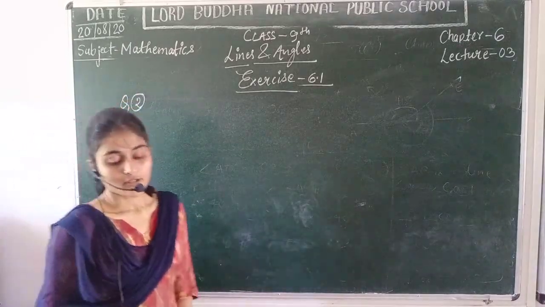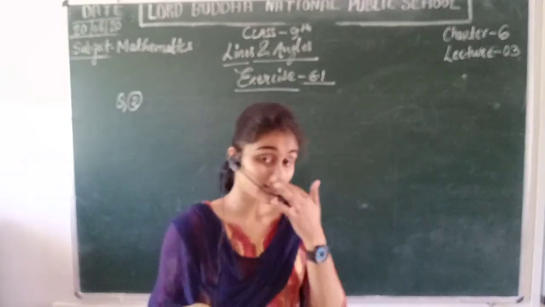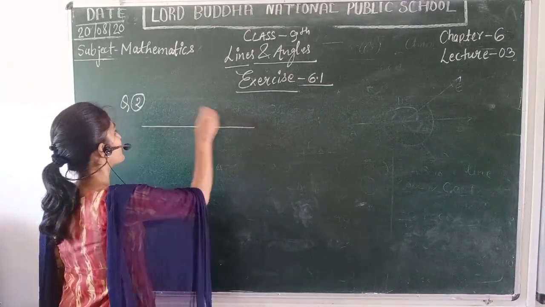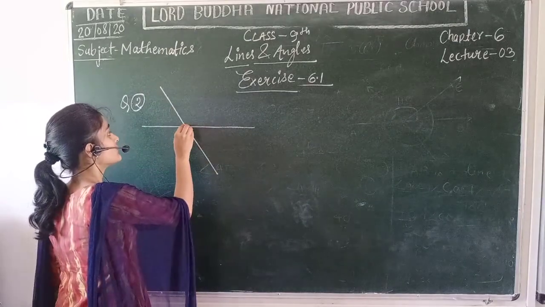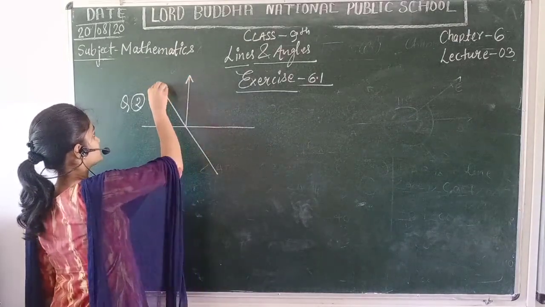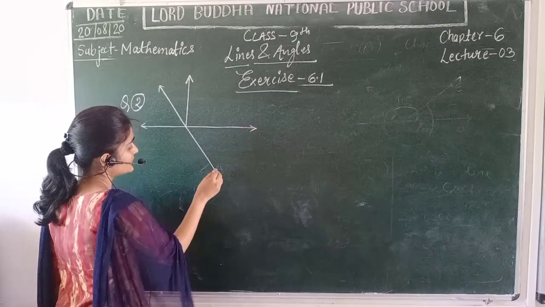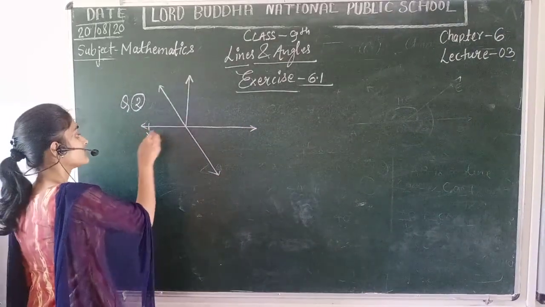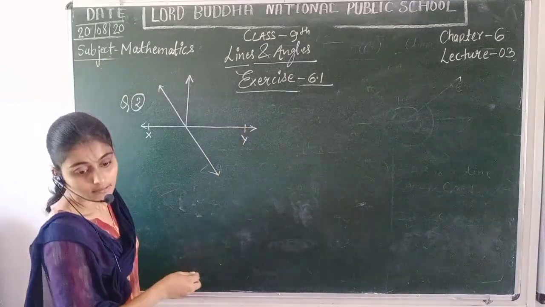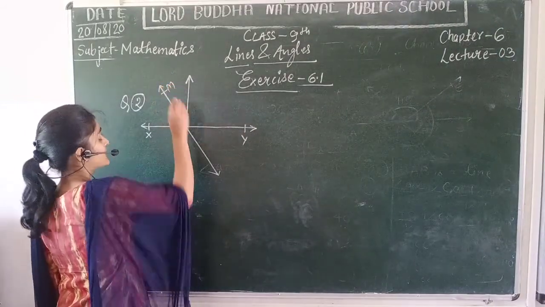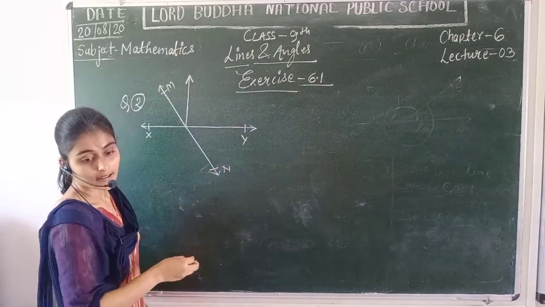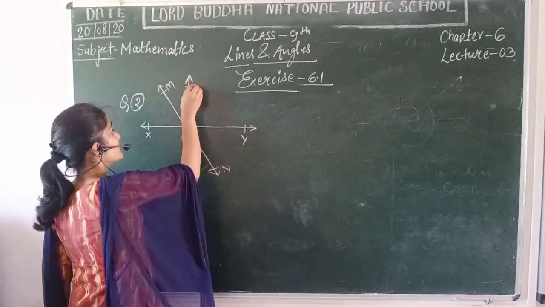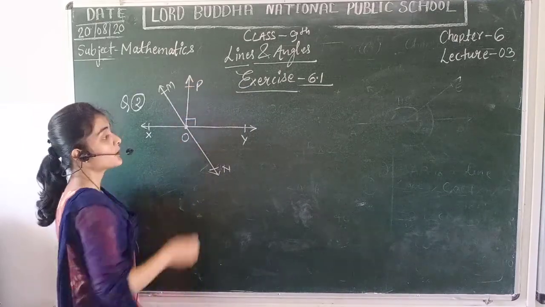So, what is your question number 2? Look at your book. There is a straight line again given here, and an intersecting line, and from there is a perpendicular also. So this figure is given in your book, that XY and MN are two intersecting lines at a point O, and OP is a perpendicular on XY.